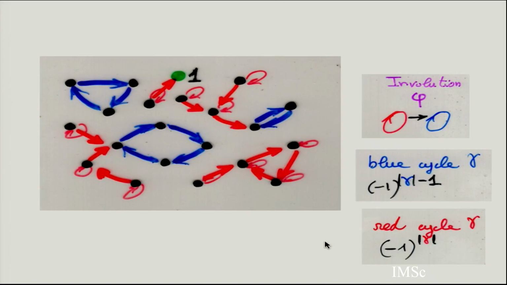You have -1 for each edge of the blue cycle. No, for the red, yes. No, the red comes from the... So I am confused now.